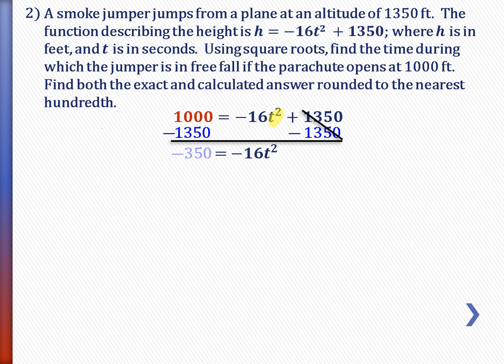I still need to isolate t squared, so I divide by negative 16. That gives me t squared equals 350 over 16. Now I know you're probably itching to reduce this fraction, but think about what's coming down the road.